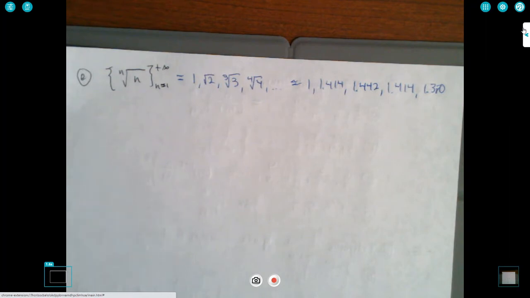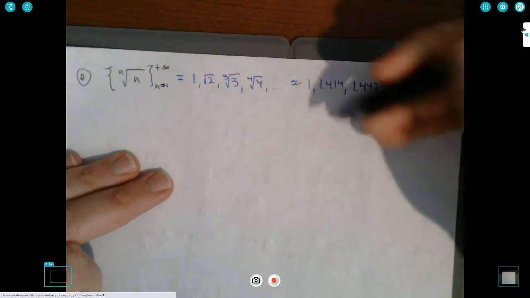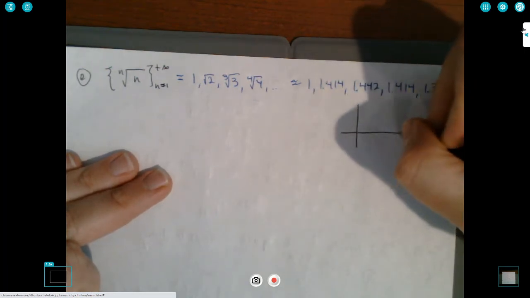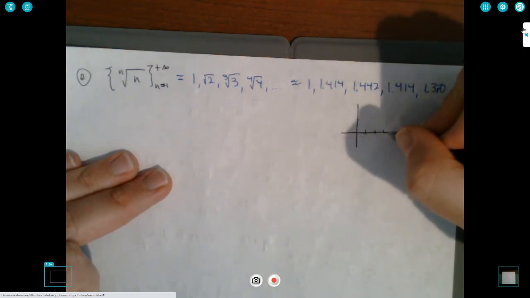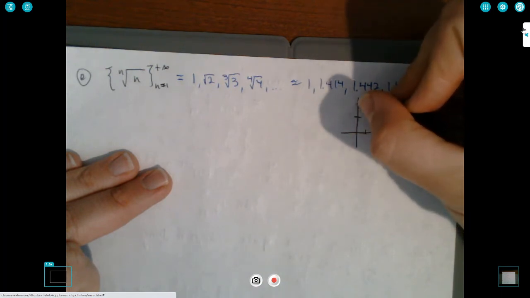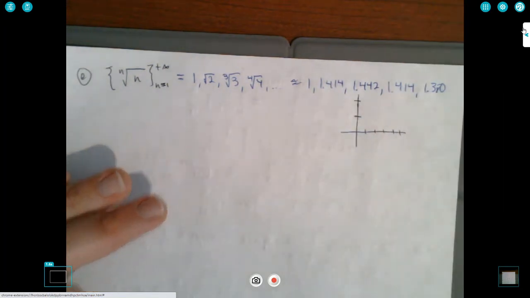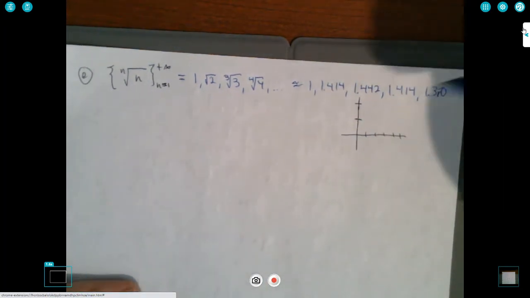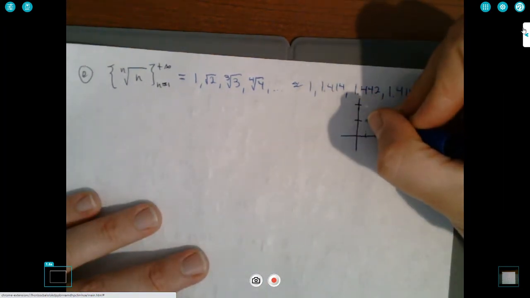I wonder what happens, right? If you were looking at a graph of this thing and you zoomed in on it, you know, 1, 2, 3, 4, 5, but maybe this is 1 and this is 2. At 1, you're right here at 1.